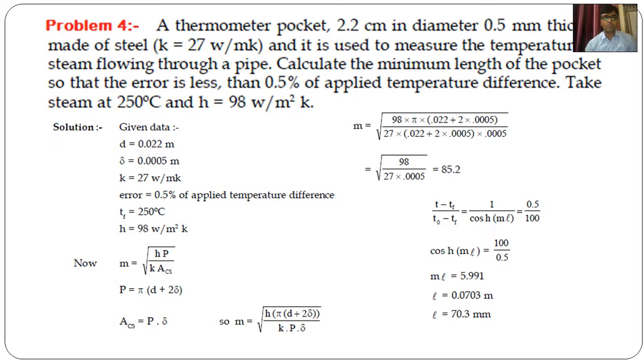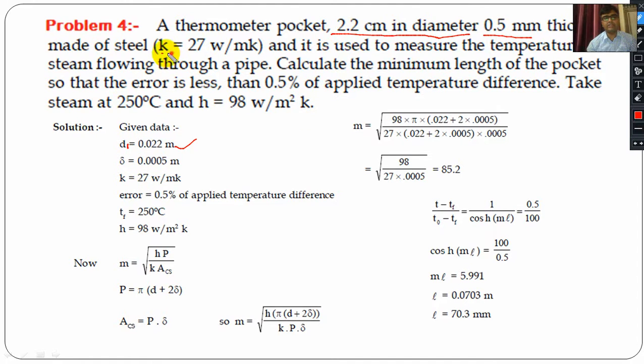Okay, so now let us discuss this problem. You just see my cursor. This is the thermometer pocket, 2.2 centimeter in diameter. So this is the diameter and 0.5 mm thick. So definitely this is the internal diameter. Clear? This is the D i, and this is the delta.